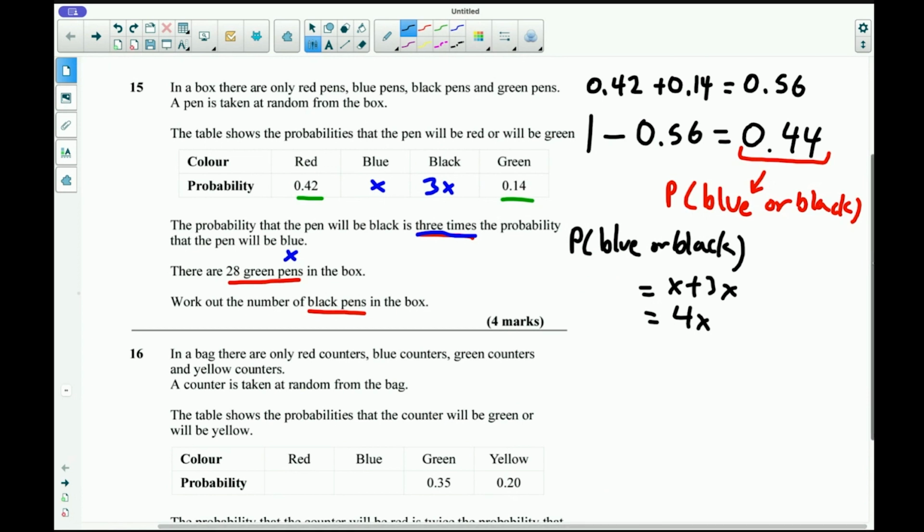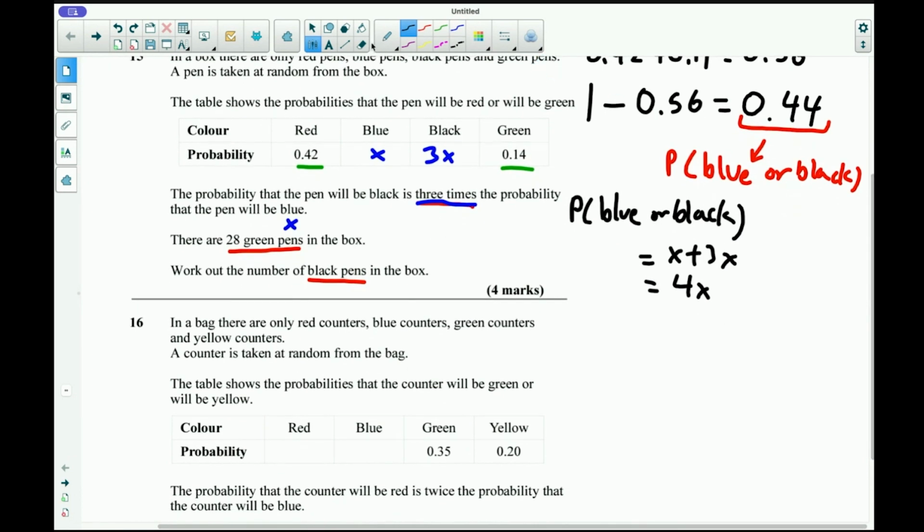From here, we can put these two statements together. Since we know that the probability of blue or black is going to be 0.44, it also has to equal 4X. We can state that 0.44 equals 4X. We can divide both sides by 4, and we end up with X equal to 0.11.